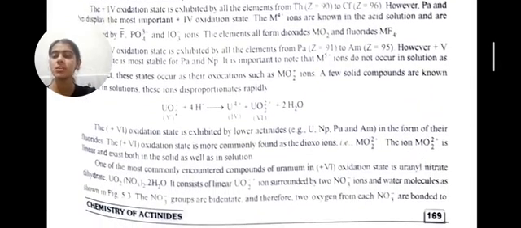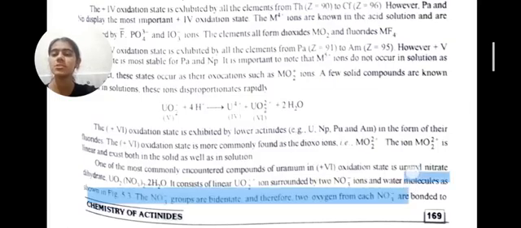The +6 oxidation state is exhibited by the lower actinides in the form of their fluorides. The +6 oxidation state is more commonly found as the dioxo ions, that is MO2 2+. The MO2 2+ ion is linear and exists both in the solid as well as in solution.